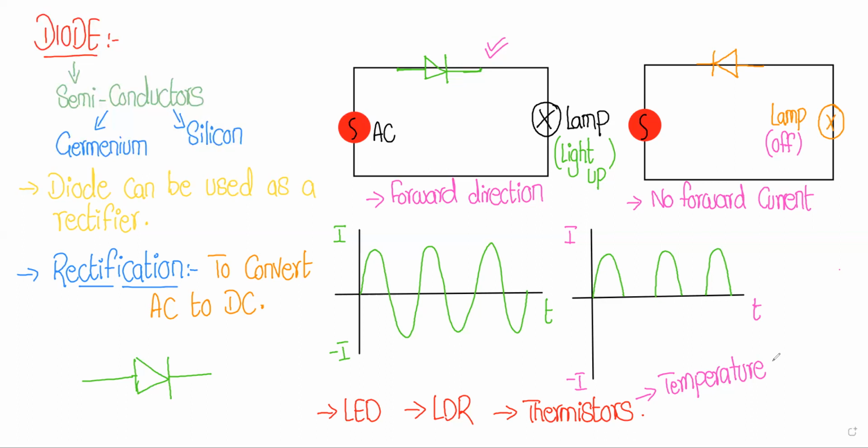Yes. And if we talk about LEDs, they are normally used in our devices nowadays, and LDRs basically work on the concept of light. They are used for security purposes, just like we saw in movies and videos where they make a laser light trap to protect a vault or some expensive object. They produce a laser light trap so that if someone crosses that light or blocks its path, the alarm will automatically turn on, right?